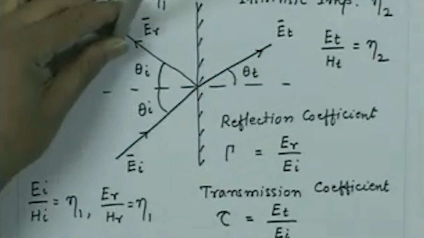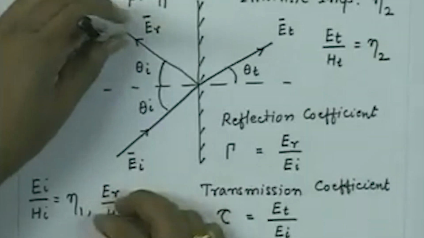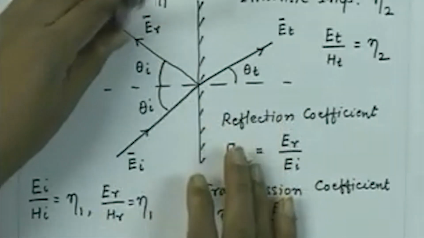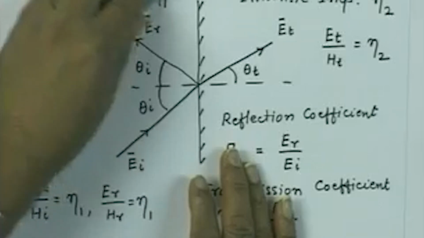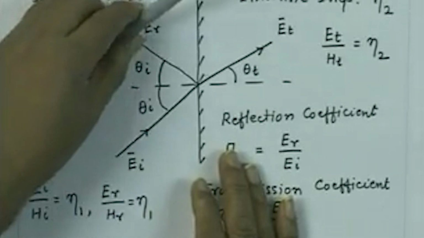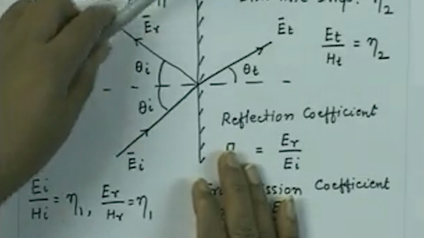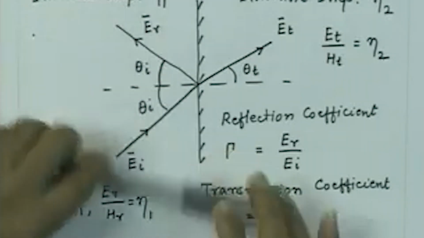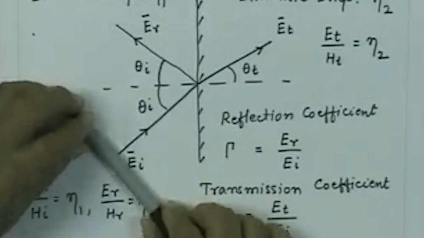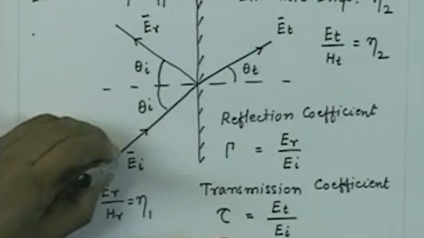So, you may have electric field which might be oriented at some angle like this. So, normally what we do, we decompose the problem into taking the component of the electric field in the direction perpendicular to the plane and a direction which is in the plane. So, essentially what we do, any electric field we decompose into two cases, what we call as the parallel polarization, where electric field lies in the plane of incidence, and a perpendicular polarization where electric field lies perpendicular to the plane of incidence.